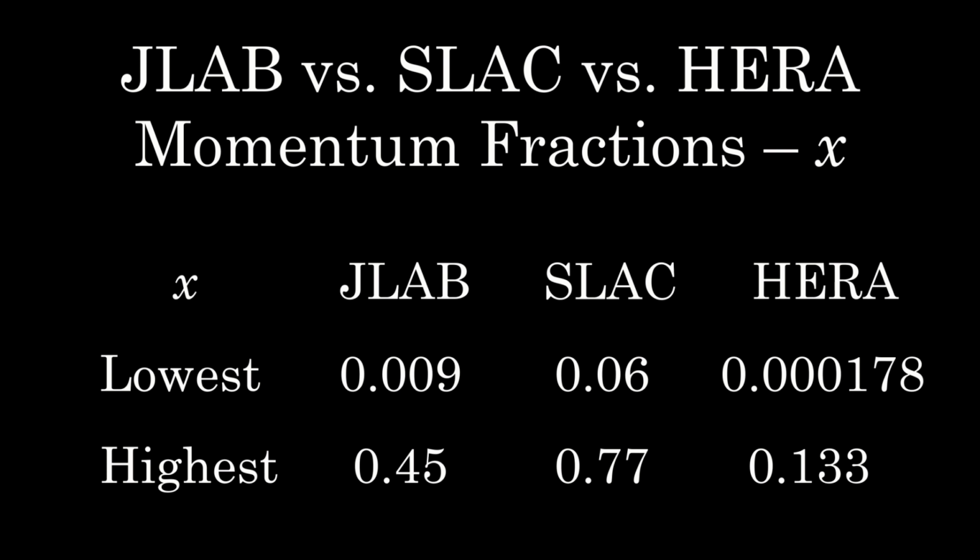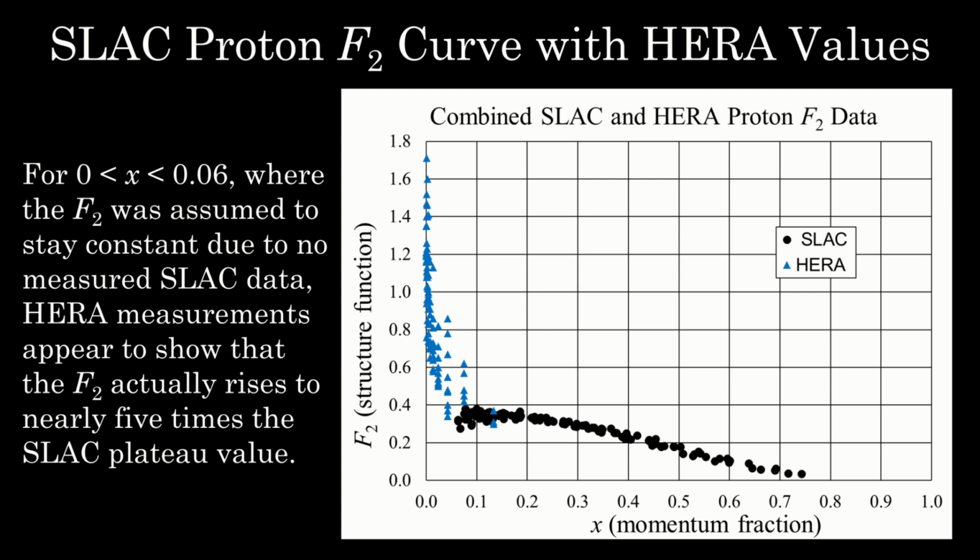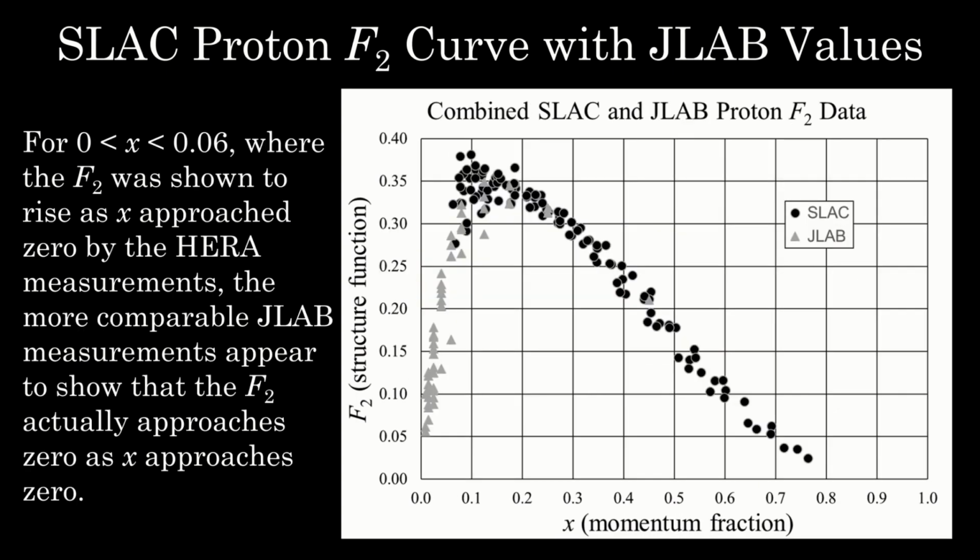These experiments indicated that, unlike the results of the high-energy HERA experiments that showed the F2 rising as X approached 0, at energies comparable to those of the SLAC experiments, the F2 actually approaches 0 as X approaches 0.